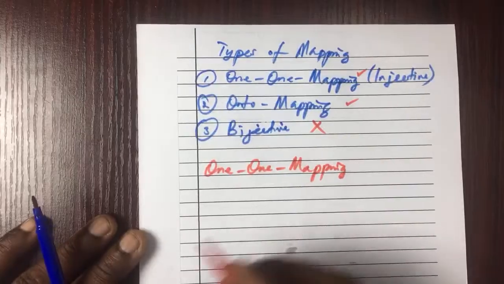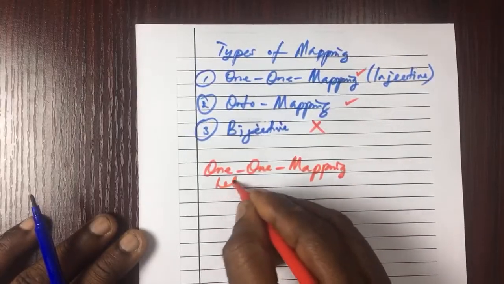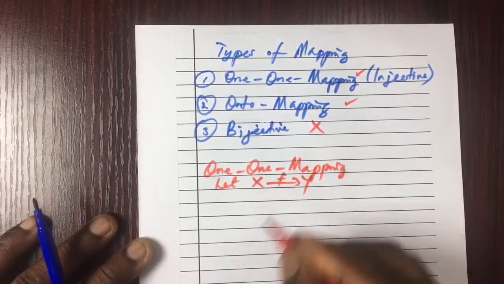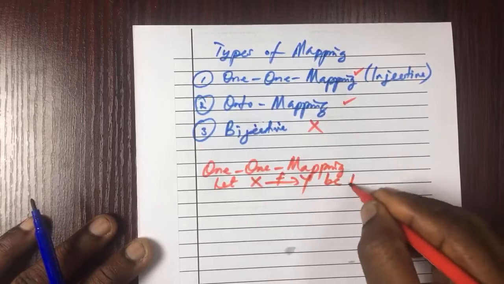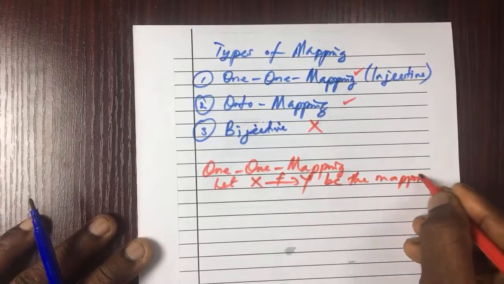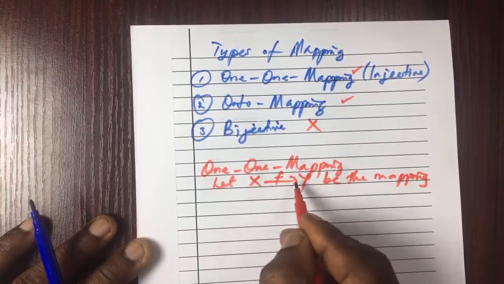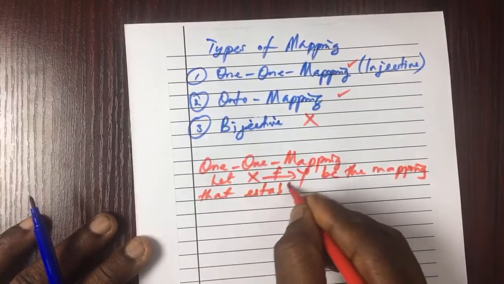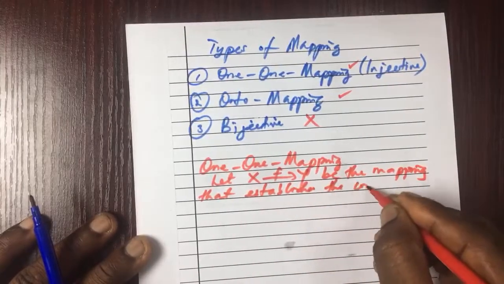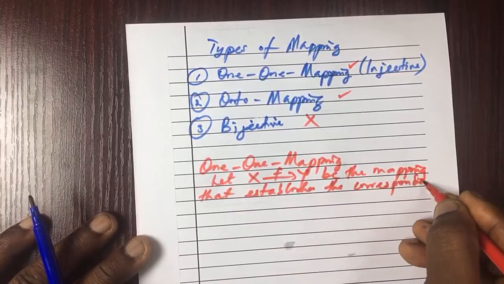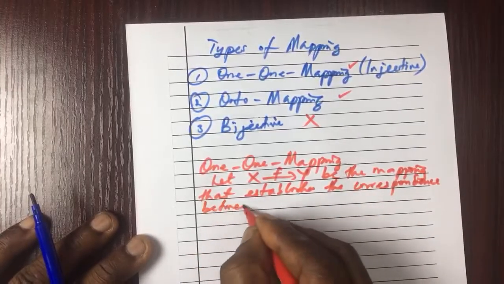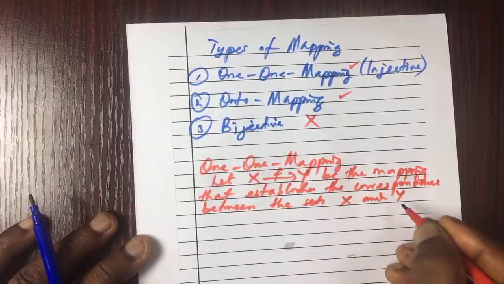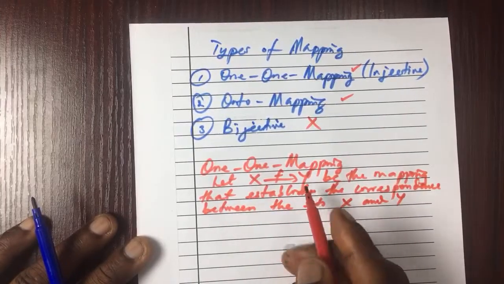For us to define a one-to-one mapping, let F from X into Y be the mapping that establishes the correspondence between the sets X and Y, with X being the domain and Y being the codomain.